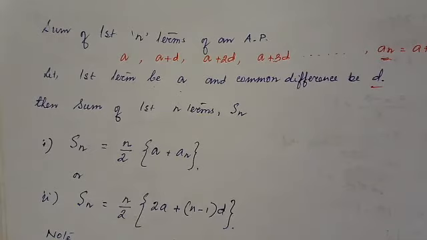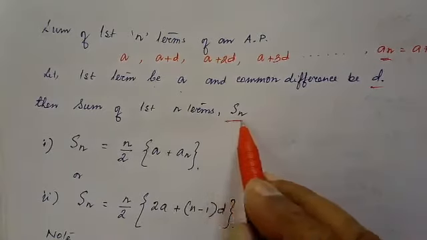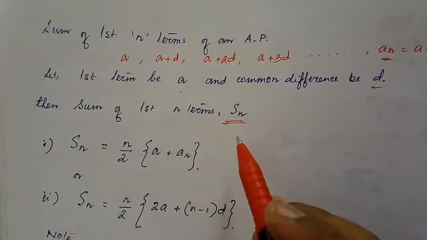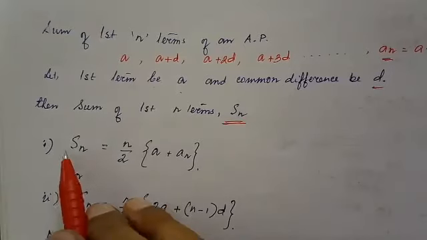Then the sum of the first n terms is denoted by Sn, S for sum of n terms.